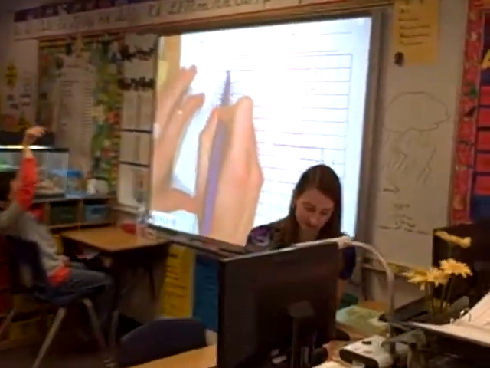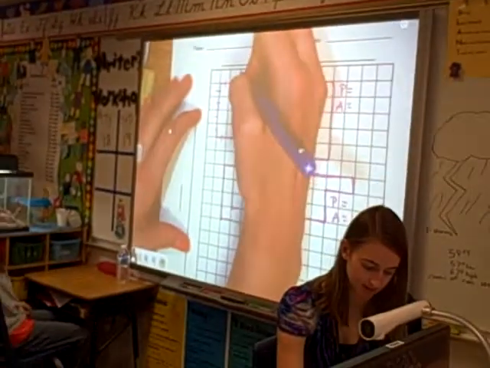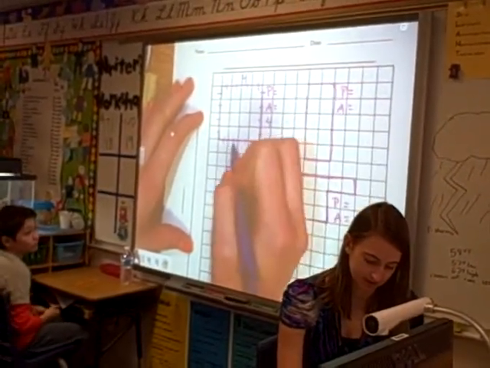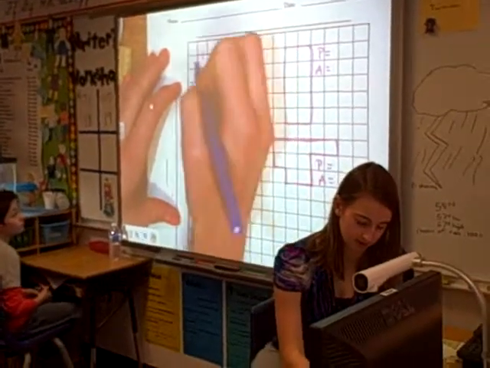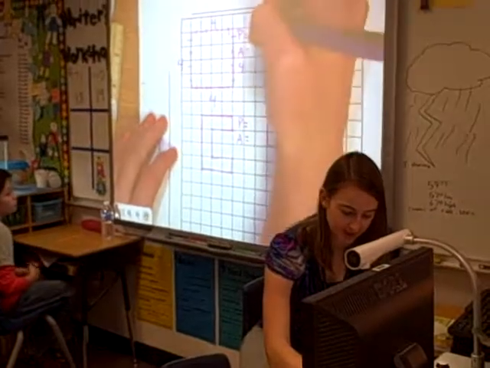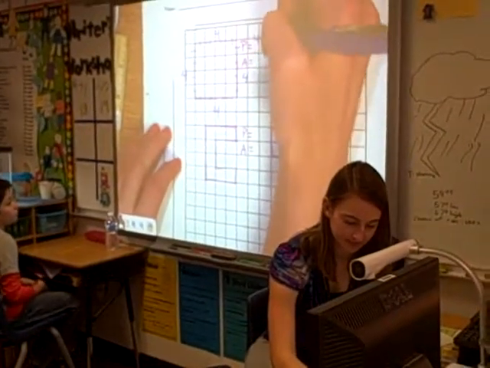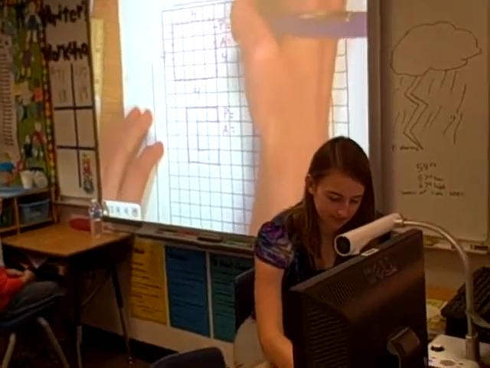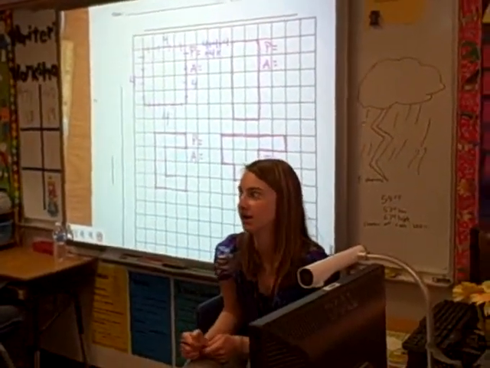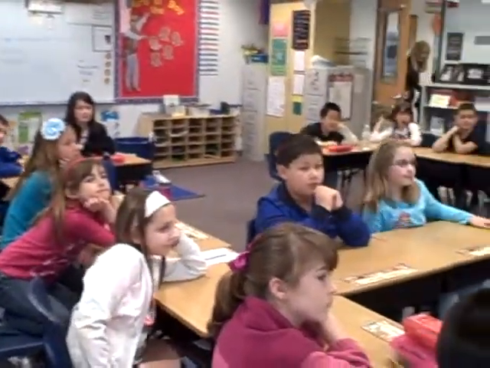you have 1, 2, 3, 4 on each side. And then for the perimeter, you're going to add all of those up. What's 4 plus 4 plus 4 plus 4? Kinwar? 16. And then for area, you take two sides.